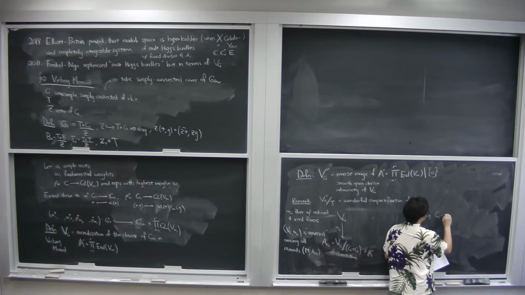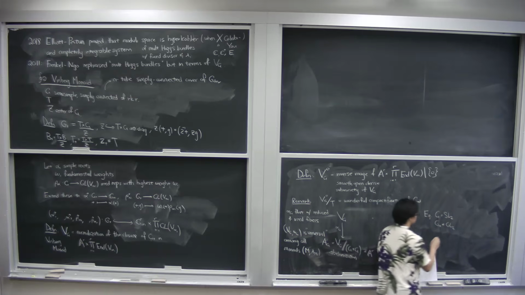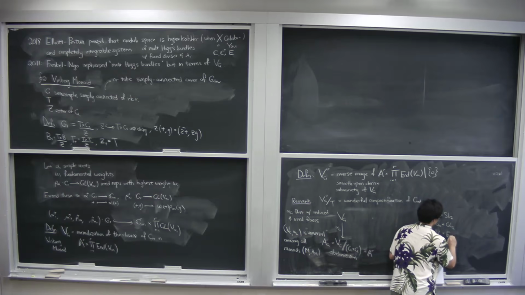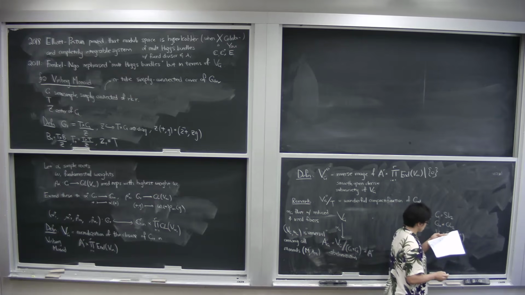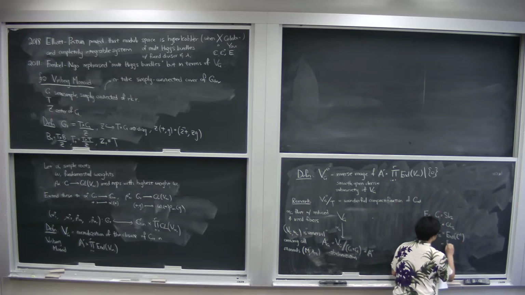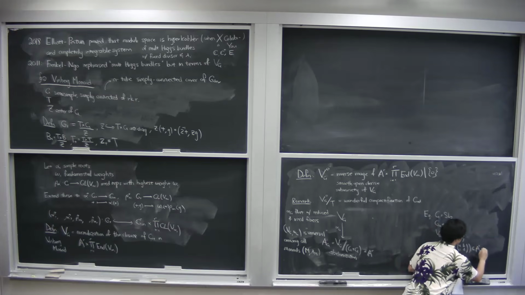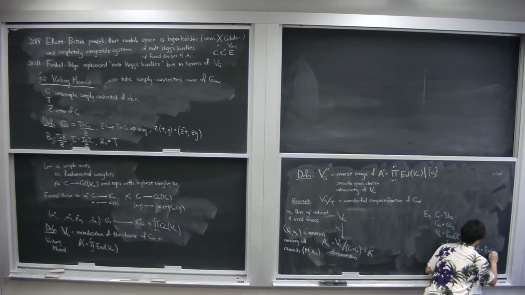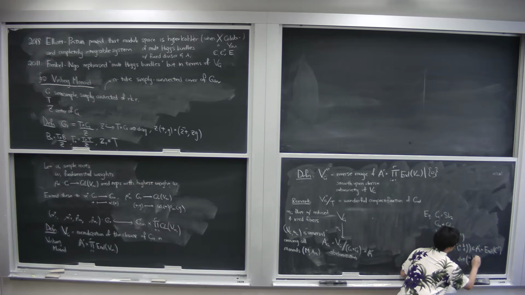So if G is SL2, G plus can be shown, as an exercise, to be GL2. And then V_G is essentially 2x2 matrices. Let me write this out. This is (t, A, B, C, D) inside A^1 times endomorphisms of C^2, such that the determinant of the matrix is t.